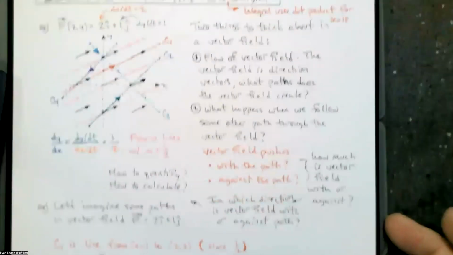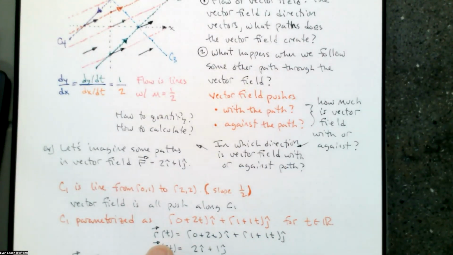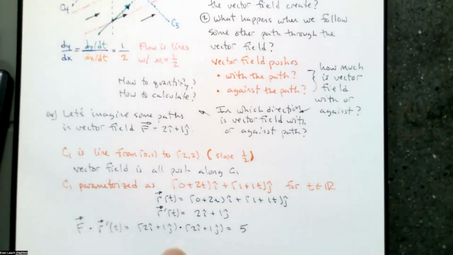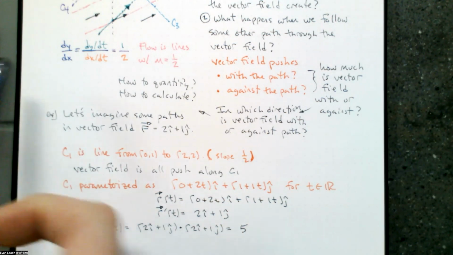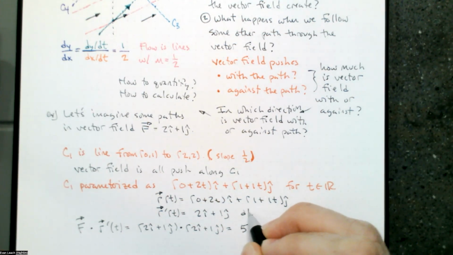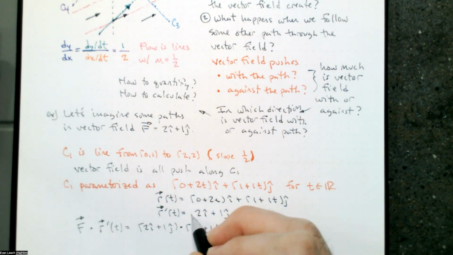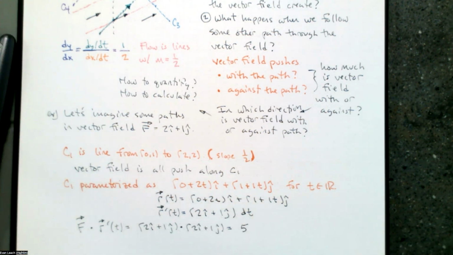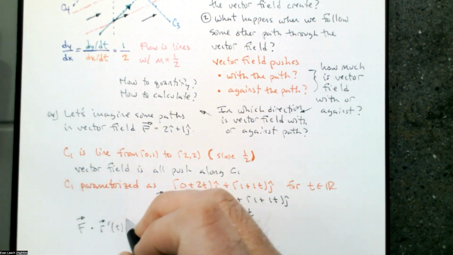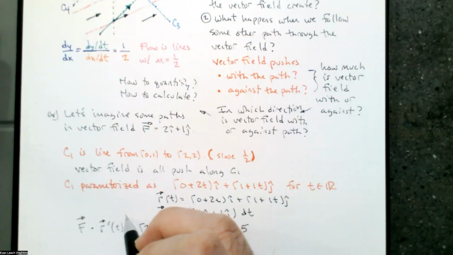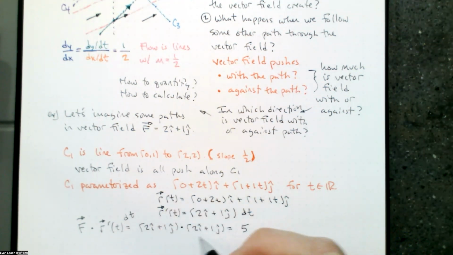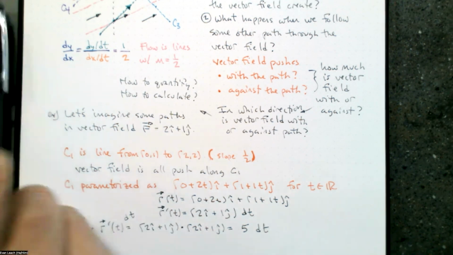On the first page, I had parameterized C1 and written down its parameterization as a vector function and its derivative. Wow, this really kind of changes things. And then that's just going to be dt.